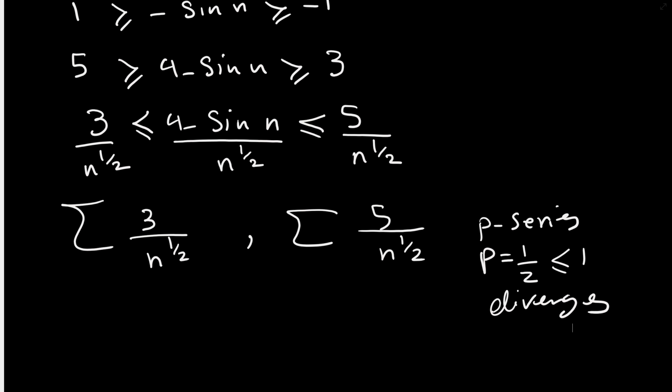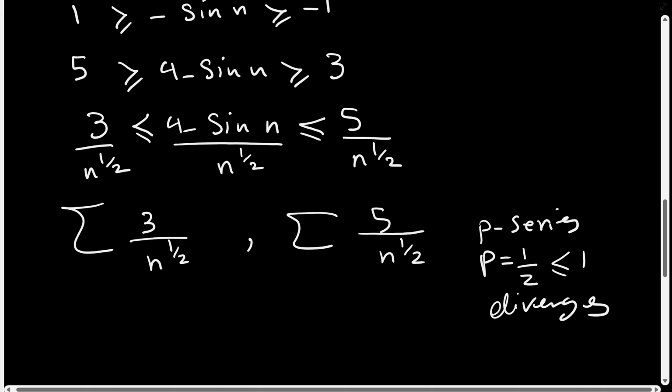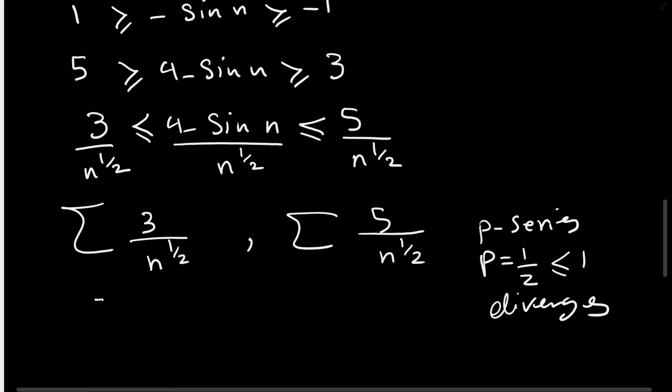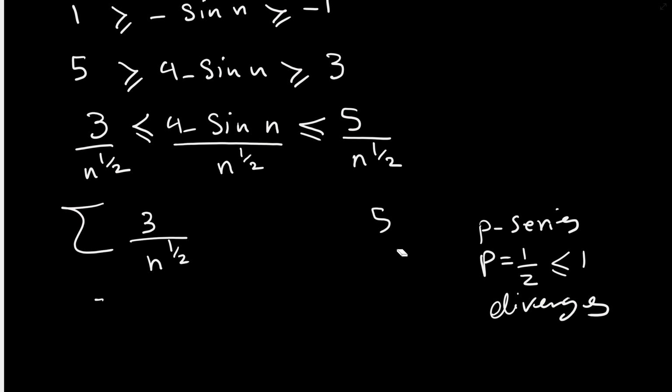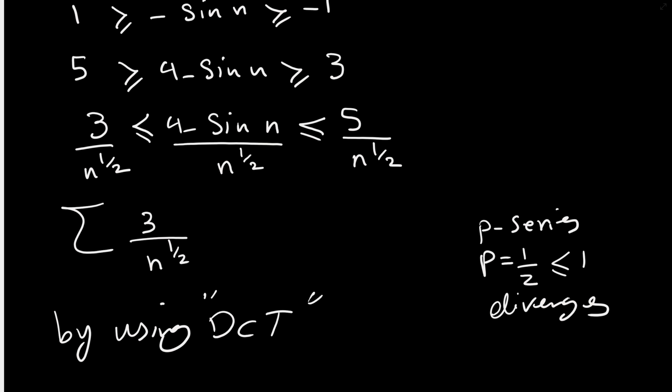So now we compare our series with sigma 3 over n to power 1 half. Because by p series this one diverges, by using direct comparison test we can conclude that sigma 4 minus sine n over n to power 1 half diverges as well.